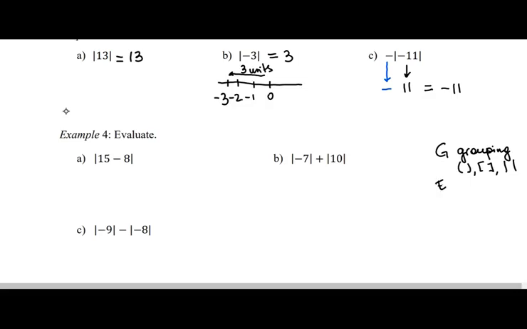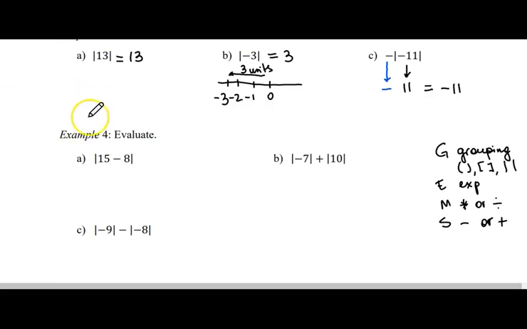Then we have exponents, and we have multiplication or division. M stands for multiplication or division, and S would stand for subtraction or addition. All right, so keep in mind our order of operations.